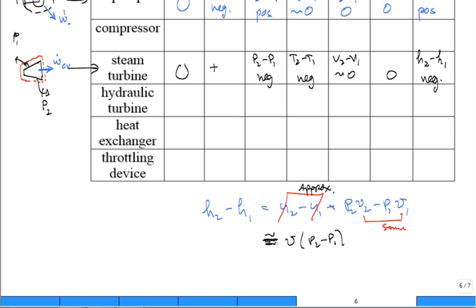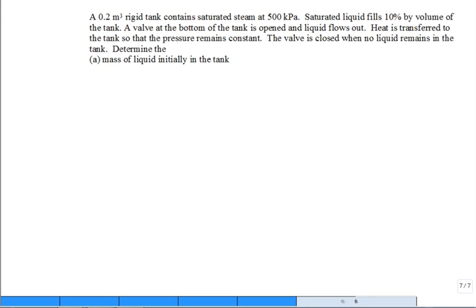Make sense? So if you know the pressure increase, what's the specific volume of liquid water? 0.001 meter cubed per kilogram, roughly. Right? Okay. Do we want to pick another one?